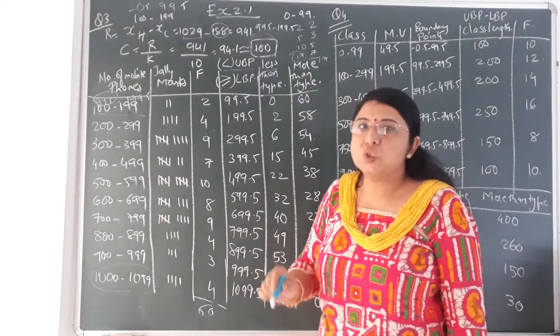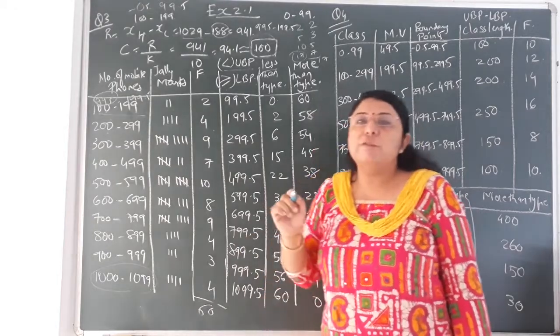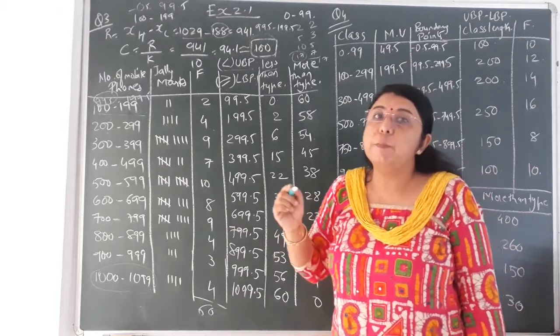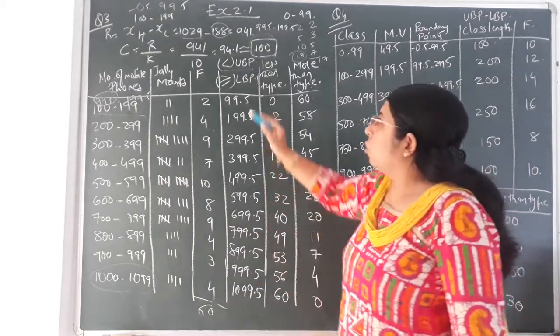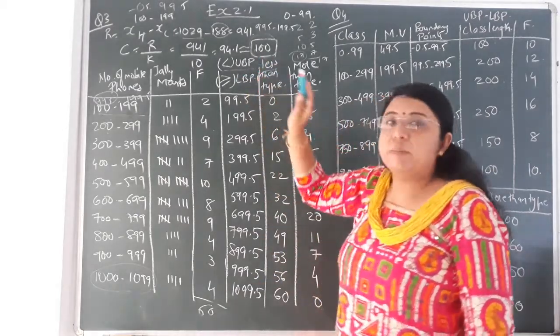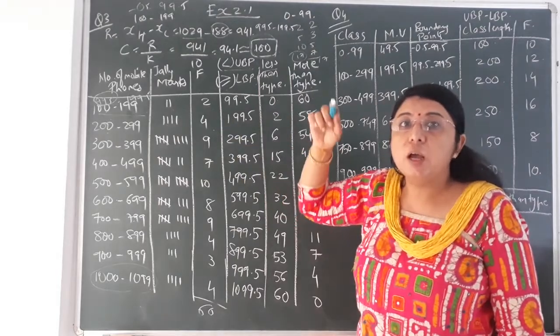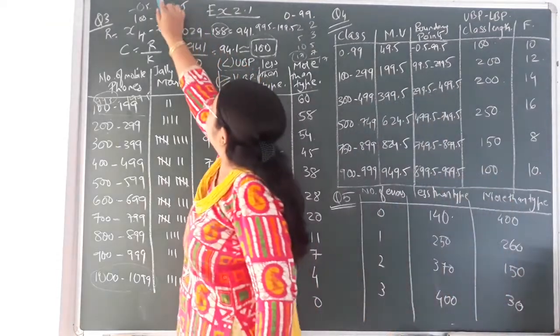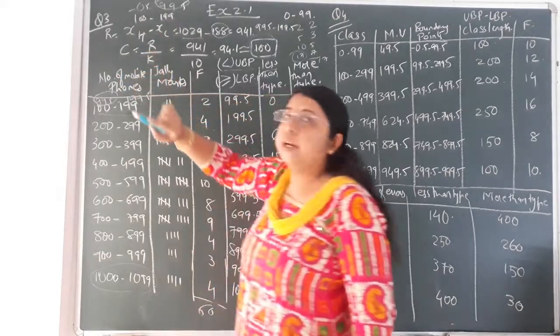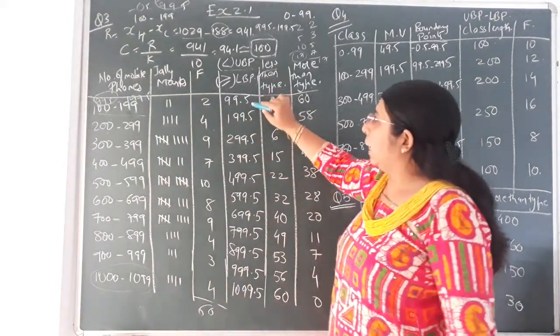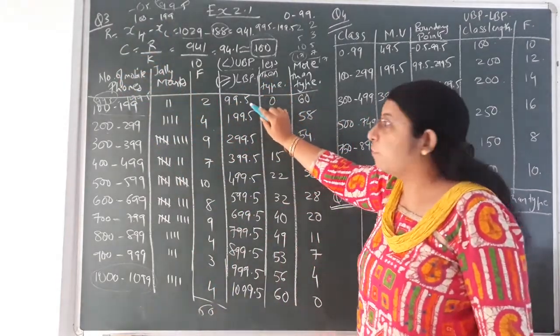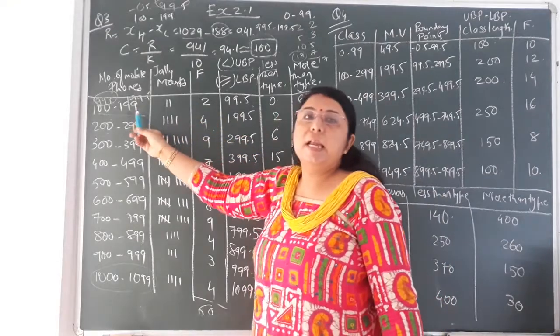So we have to start our calculation with the upper limit of the previous class. So over here, less than upper boundary point, but the upper boundary point of the previous class. So our previous class upper limit is 99.5. So we have started the calculation with 99.5, not with 199.5.